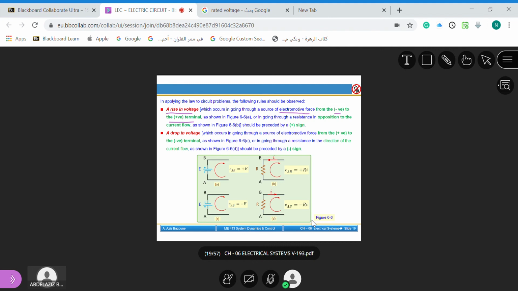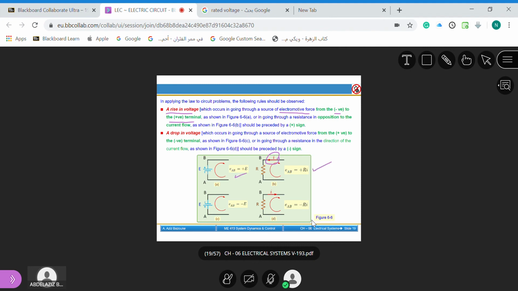This is a rise in voltage, which is positive, as shown in figure 6.3, and also in going through a resistance opposite to the current flow, as shown in figure 6b. Here the current is going from the negative to the positive, so the current is moving in the positive direction. So we have a rise in voltage and a rise in voltage.